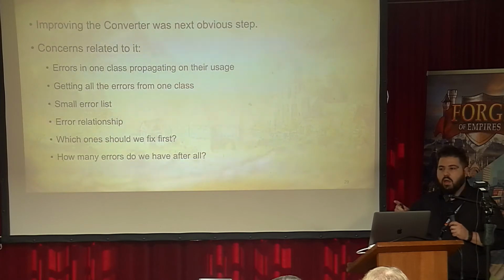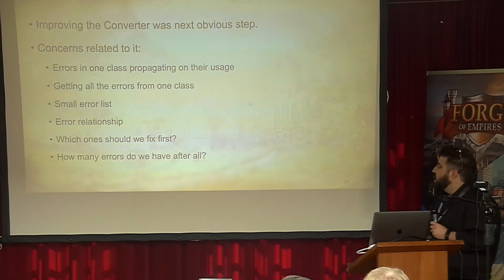You have an error in one class, you use it in another one, and the usage of that class will generate another error. The second was related to the third, because with a small error list, you can't get all the errors from one class. There is also this error relationship issue, and basically, how are we going to attack this? Are we going to get some plan? Do we even know how many errors we have after all?